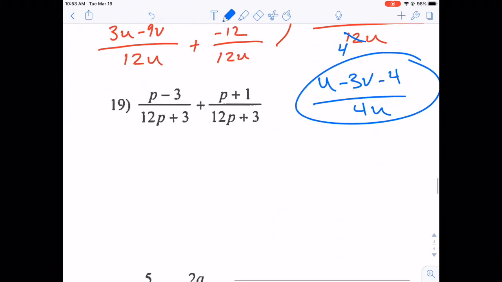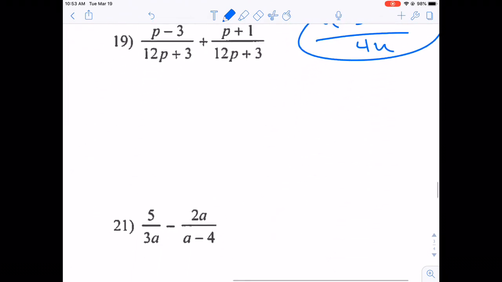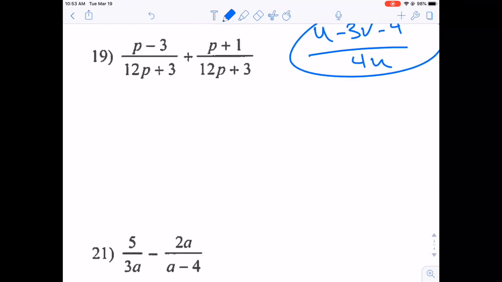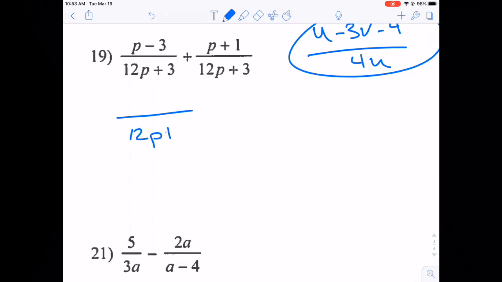Okay, number 19. We do have common denominators here. So this is just to quickly combine them and put them over 12p plus 3. On the left, we have a p, and on the right, we have a p, so we have 2 p's. And then we're going to combine the minus 3 with the plus 1. Minus 3 plus 1 is minus 2.